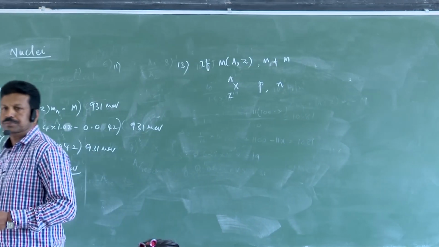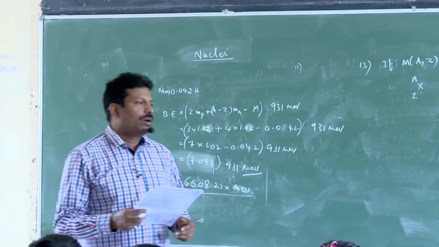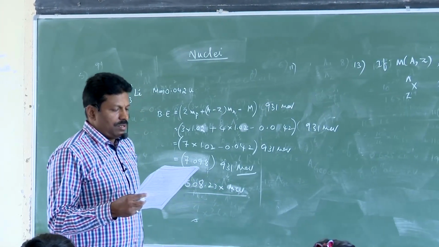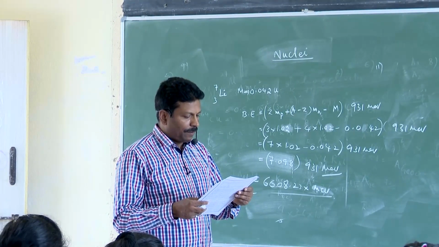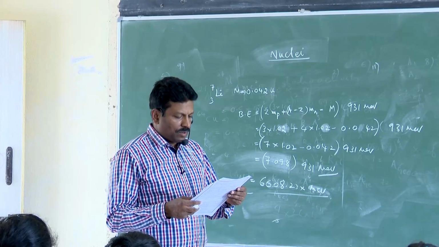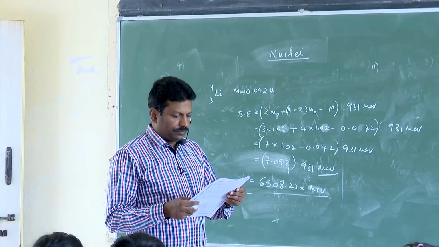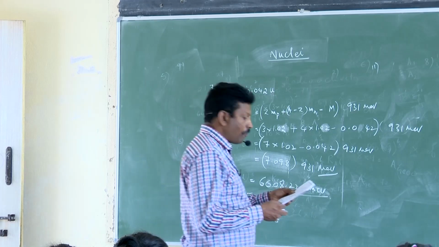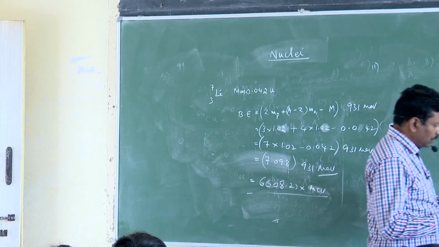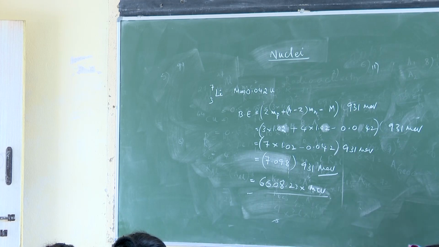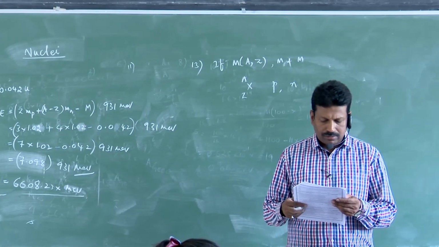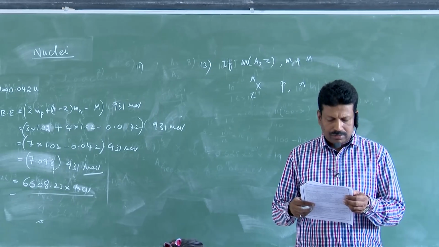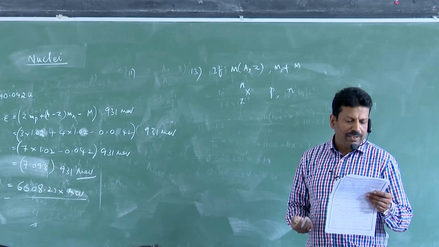Binding energy. Is it option C? Z M_p plus (A minus Z) M_n minus M(A,Z), into binding energy in MeV they have given.